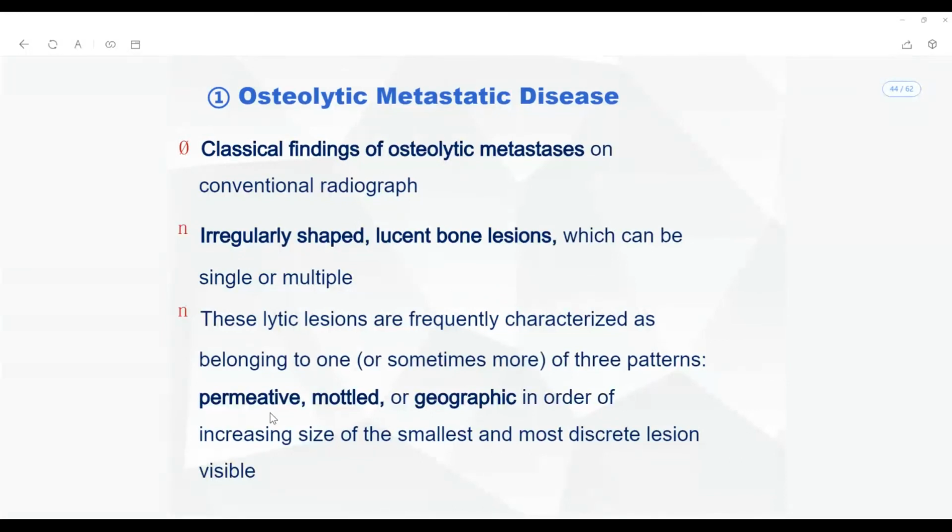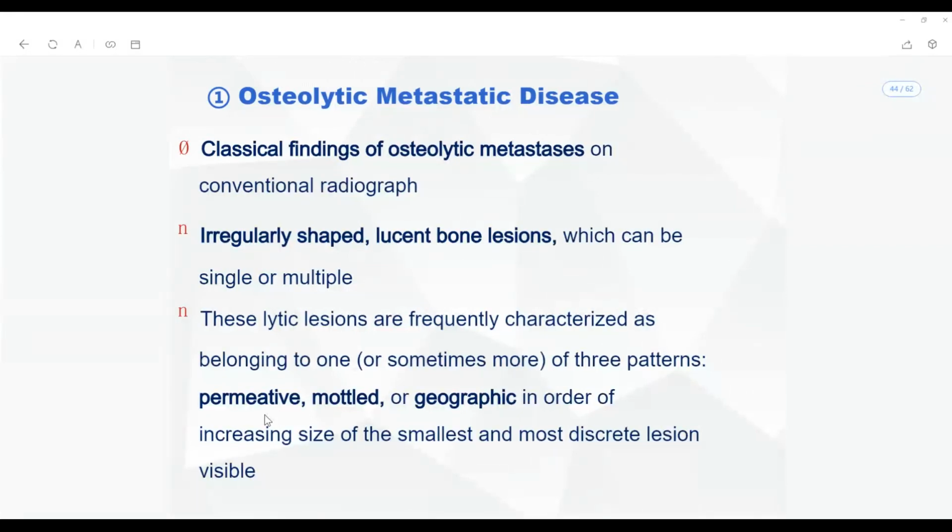There are so many types of appearances when it comes to osteolytic metastatic bone diseases, which are called the permeative pattern, mottled pattern, or geographic appearances. These are a characteristic feature of discrete bone lesions.